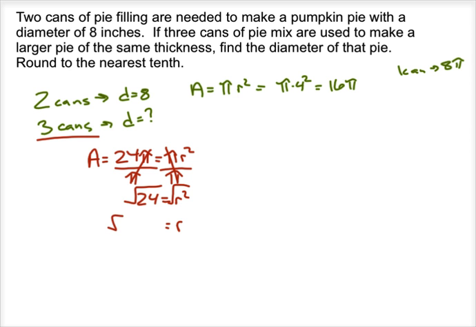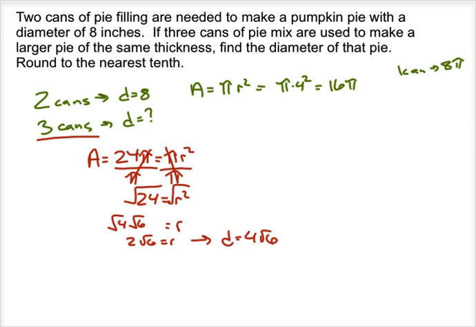I know that the square root of 24 is the square root of 4 times the square root of 6, which is 2 square roots of 6. So if my radius is 2 square roots of 6, then the diameter is double that, which is 4 square roots of 6.